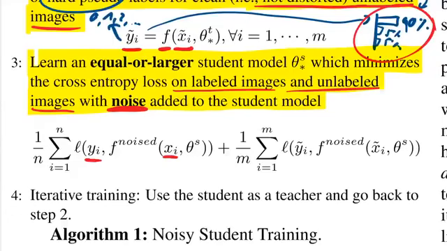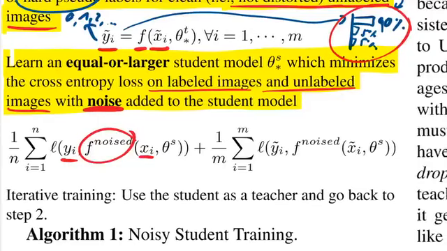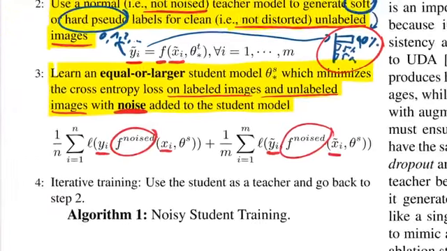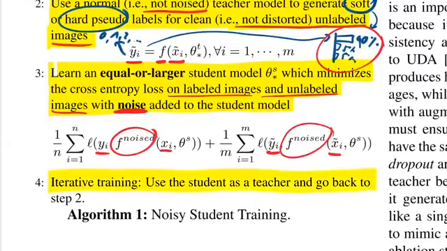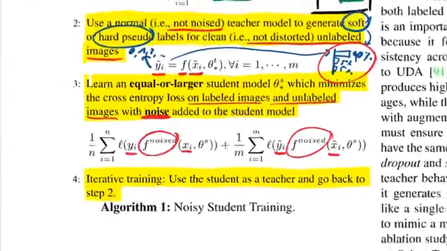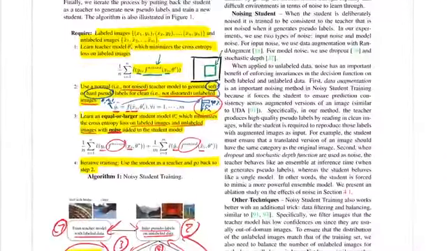And you use that, and this means you noise the student model, and that noise can be on the data or in the model itself. And here, also the unlabeled images that you have labeled with the teacher, you do the exact same thing. So you train on both of these data sets. And step 4 is, if you want to do iterative training, use the student as a teacher and go back to step 2.